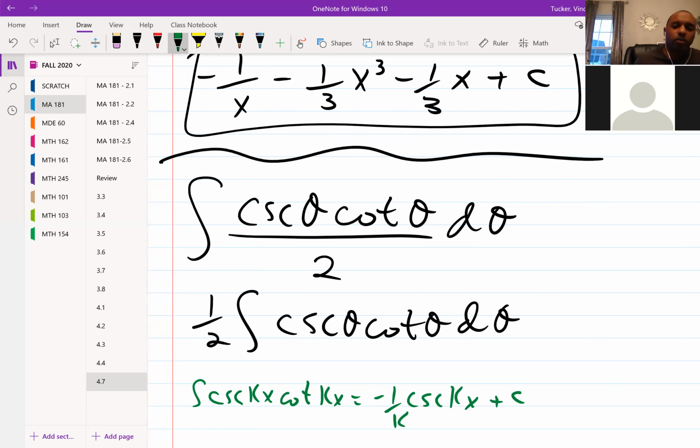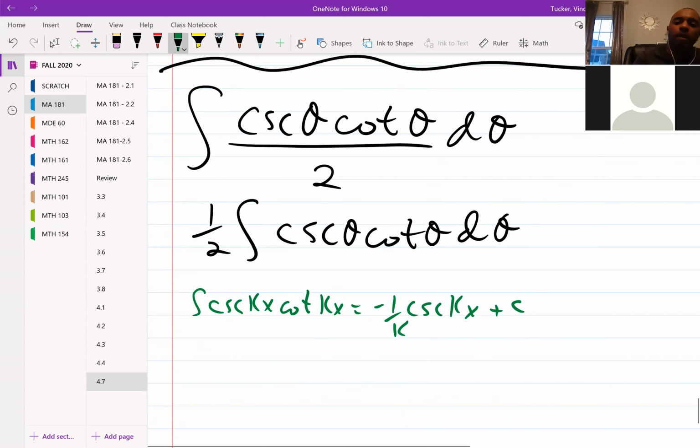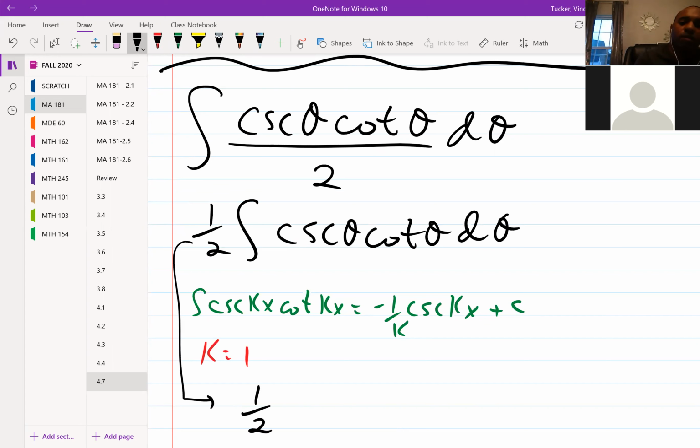All right, so just leaning on that relationship, cosecant kx times cotangent of kx is equal to -1 over k cosecant kx plus c. So k in this case is 1. So we really don't have to worry about that. So that's going to be 1/2 times -1 over 1 cosecant of theta plus c.